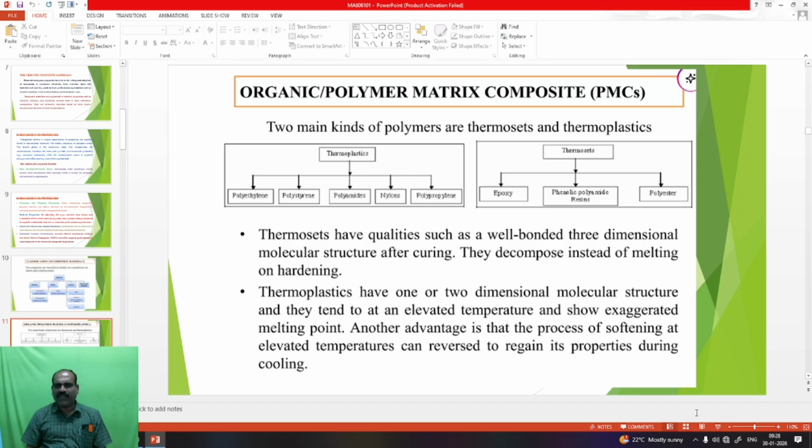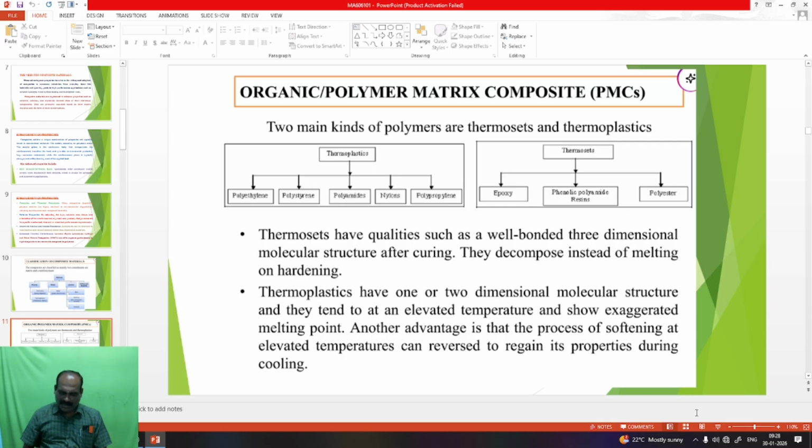After curing, they decompose instead of melting or softening. Thermoplastics have a one or two-dimensional molecular structure, and they soften at an elevated temperature and show a distinct melting point. Another advantage is that the process of softening at elevated temperature can be reversed to regain its properties during cooling for thermoplastics.